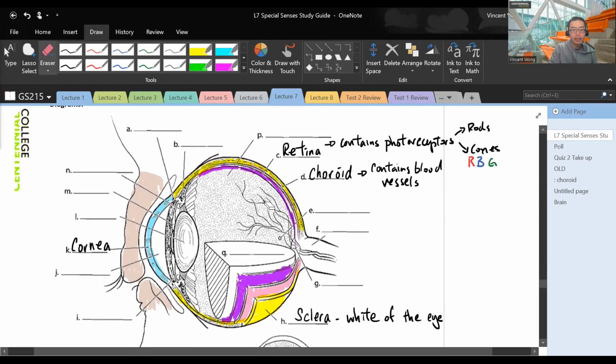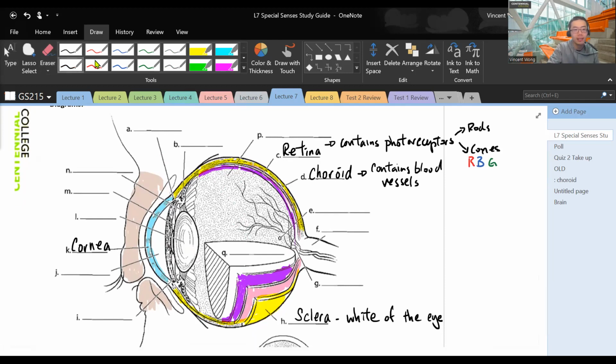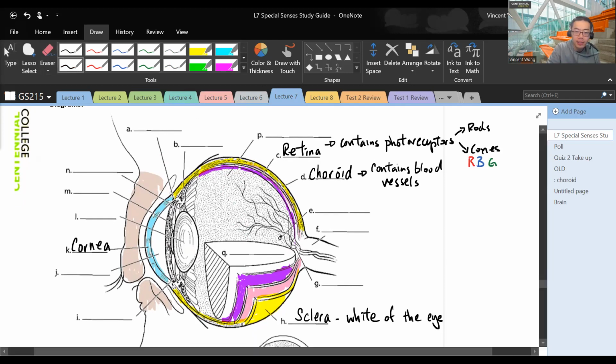Now, at the back of the eyeball, on the retina, there is a special spot. This special spot is called the fovea.